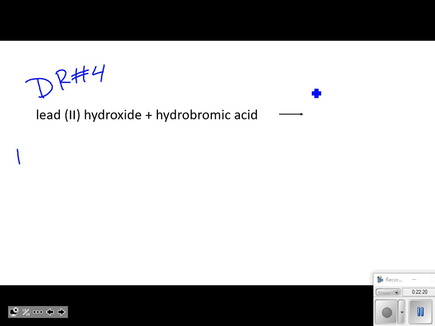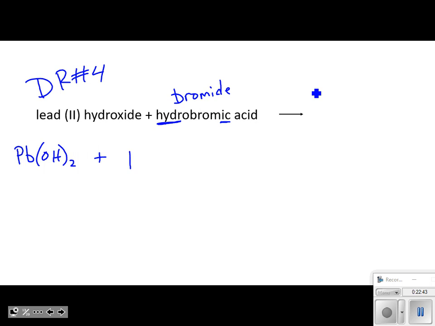Lead 2 hydroxide. Lead's a 2+, hydroxide's a 1-. Hydrobromic acid, IC 1 or 3, here's the hydro. Acid rule number 1, bromide.